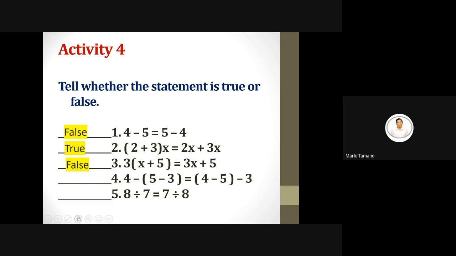Number 4. 4 minus the difference of 5 and 3, and that is equal to 4 minus 5 minus 3. Is it true? False. And the last one, we have 8 divided by 7 equals 7 divided by 8. Obviously, this is false. All right.